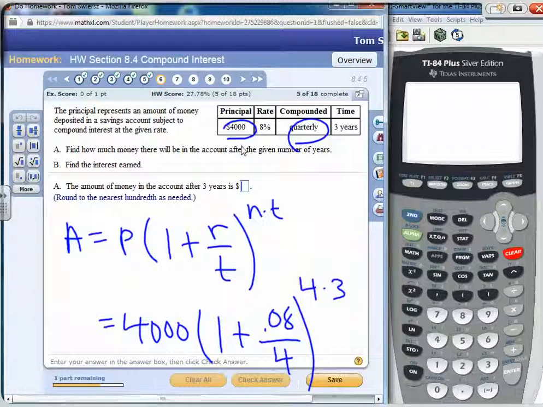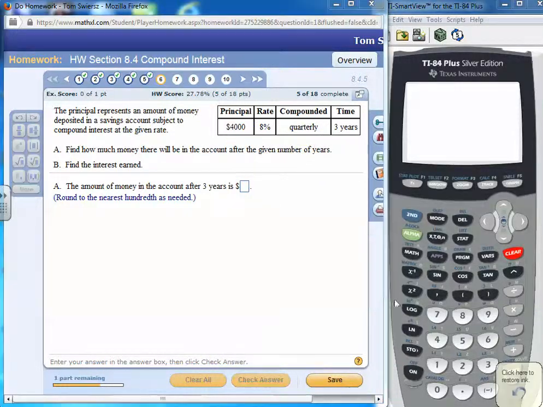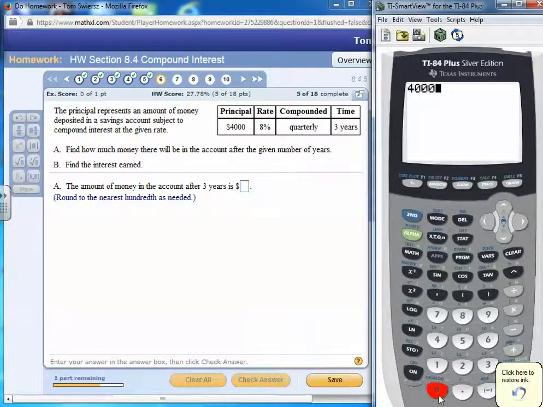We're going to go ahead and put it into the calculator in one step, and then you'll see what we get. Okay, so we have 4,000, 1 plus the rate, 0.08, divided by 4, a right paren, raised to the, now if you're using an old TI-83 or 84 calculator, I forgot to mention on the last problem, you have to put your exponent in parentheses.